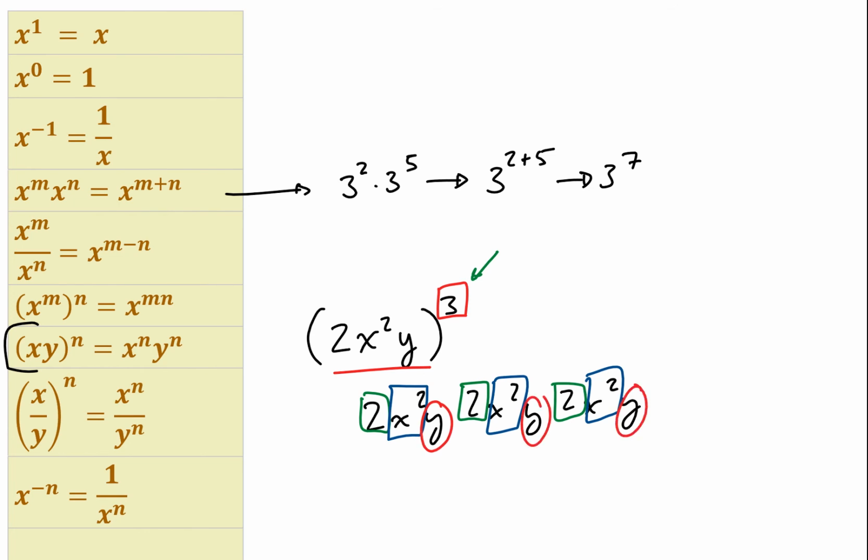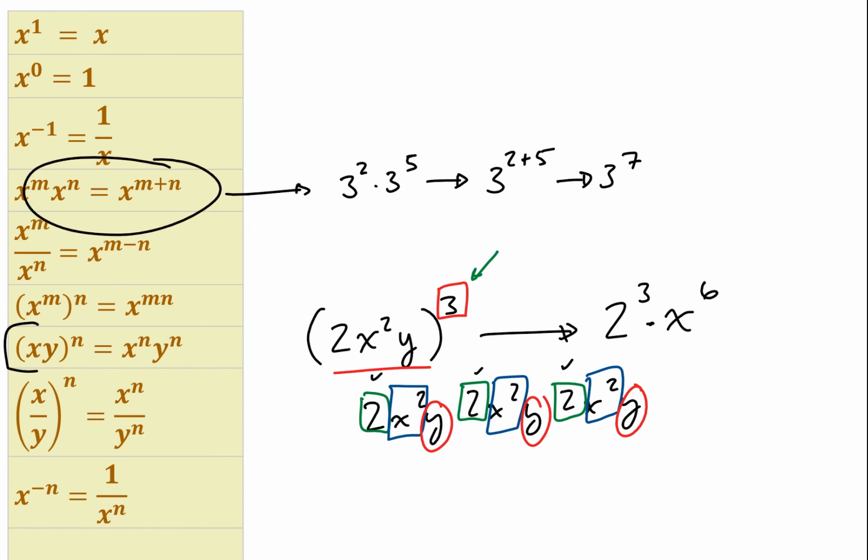So this law of exponents says you can rewrite this as 2 to the third power, 2 times 2 times 2, times x to the sixth power, combining this law with this law also, and then finally times y to the third power. So just writing it all out.